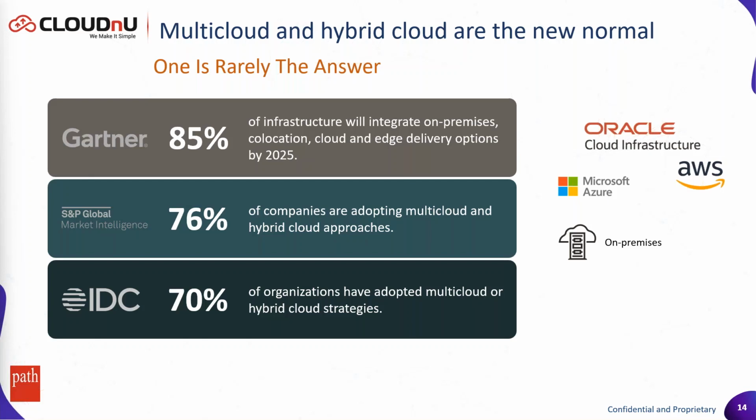Now, as usage of the cloud increases, companies are finding it hard to just stick to one cloud. They kind of need a multi-cloud environment. The reason they need a multi-cloud environment is because some providers don't offer everything they need, or the cost is way too high.